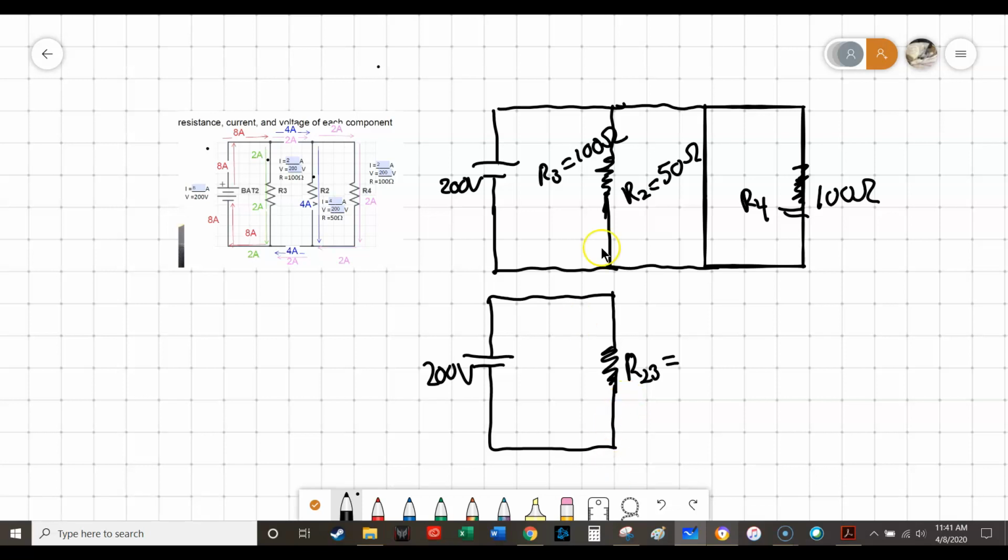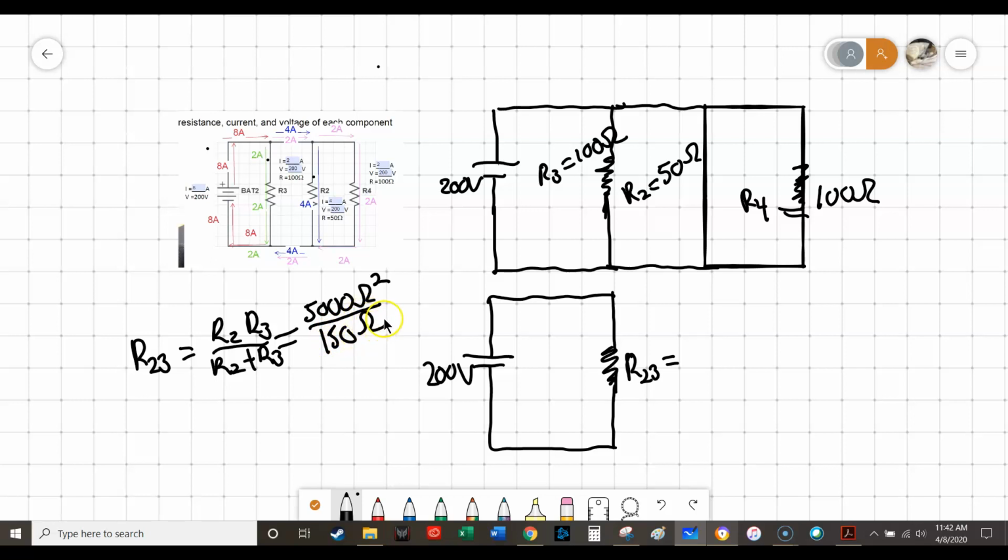Since they're in parallel, it's going to be the product over sum. It's going to be R2 times R3 over R2 plus R3, and that is what R23 is equal to. So this is going to be 100 times 50. Wow, that's going to be a big number. What is that, 5,000? 5,000 ohms squared divided by 100 plus 50, so that's going to be 150.